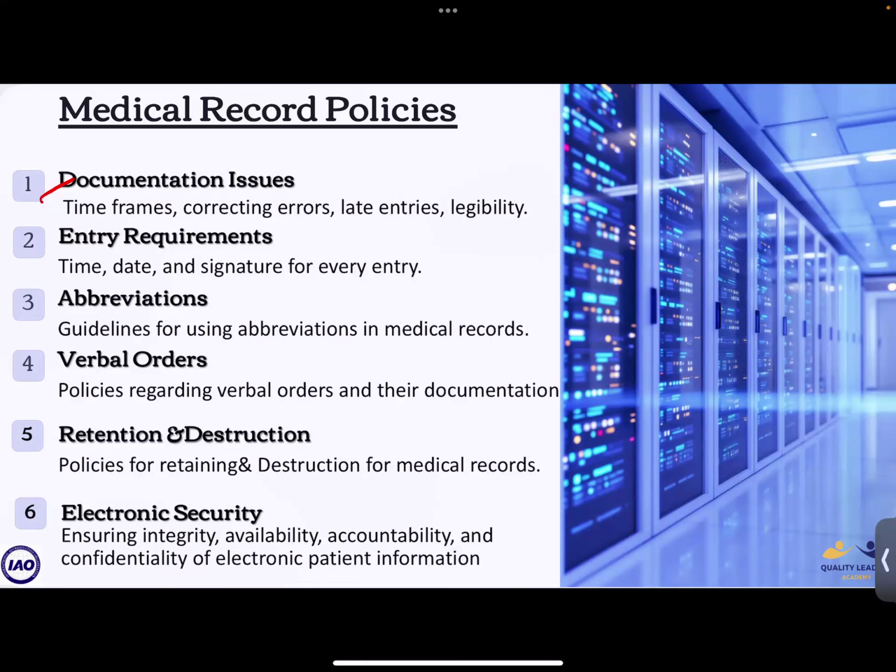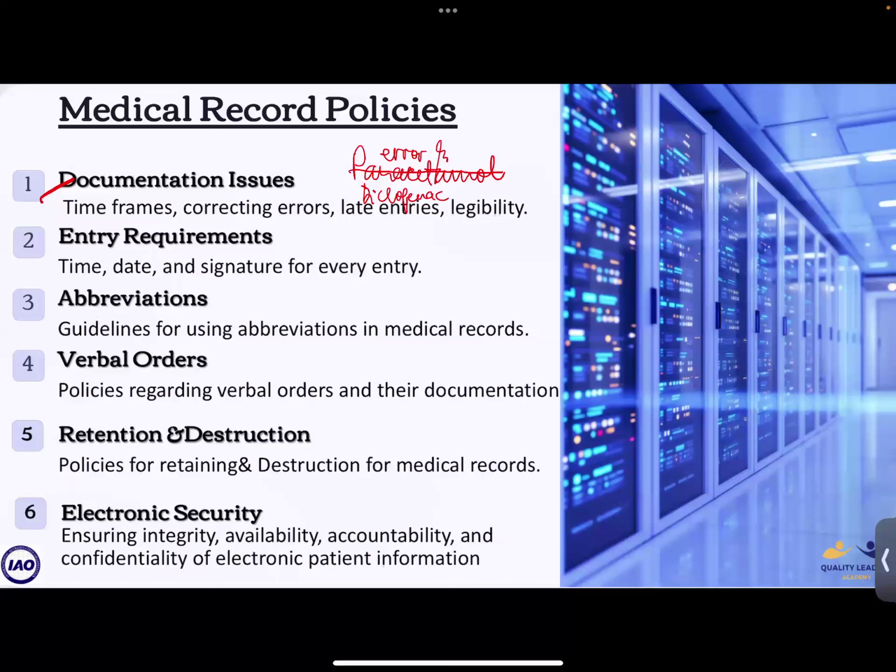For example, if you mistakenly write paracetamol, but the order is, let's say, diclofenac sodium, then you just draw a straight line in between, and then you write the word error and your signature, and then you write your correct order.